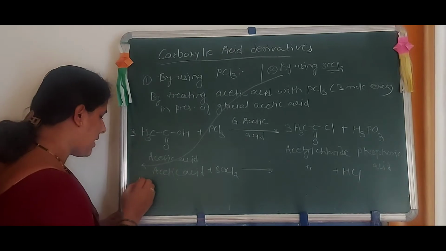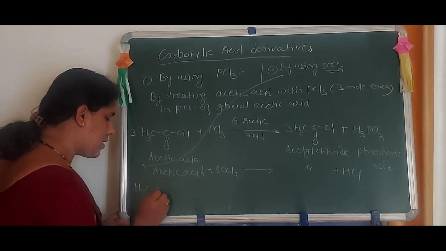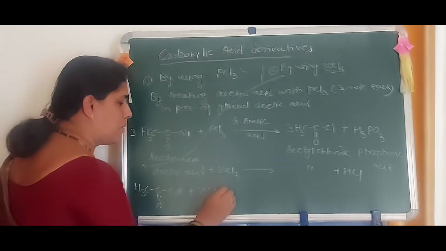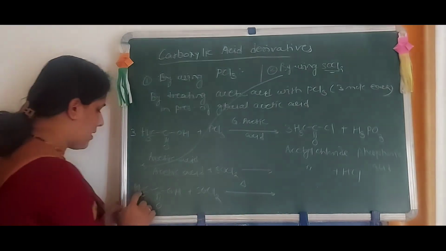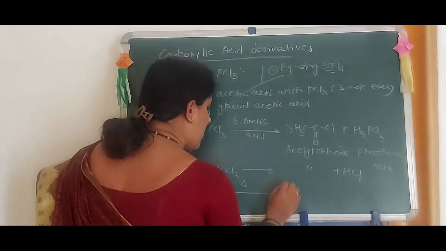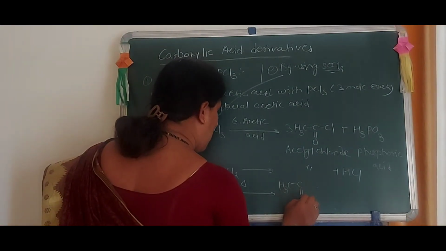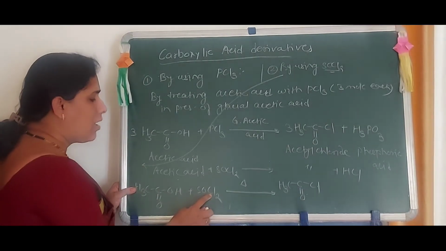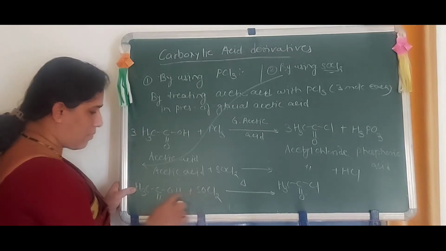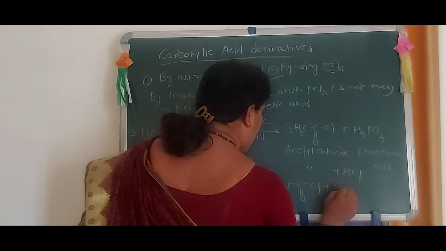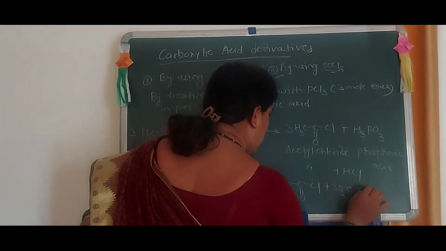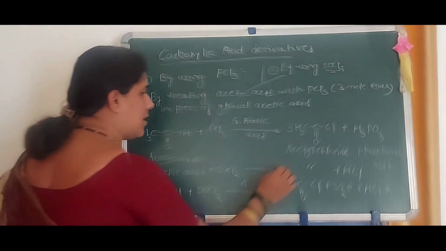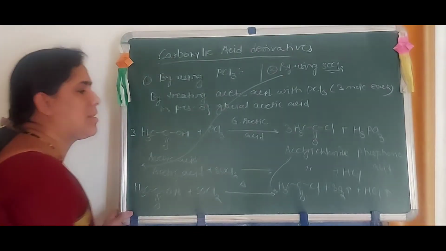That is CH3COOH plus SOCl2, with heating. There is formation of CH3COCl, and here formation of SO2 gas. Here HCl gas is also exhaled out, and this is the acetyl chloride.